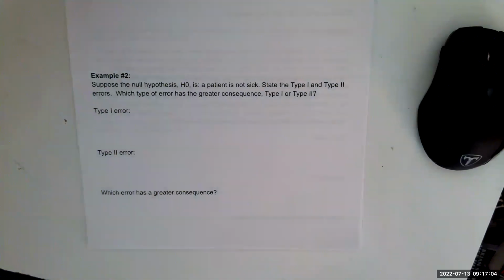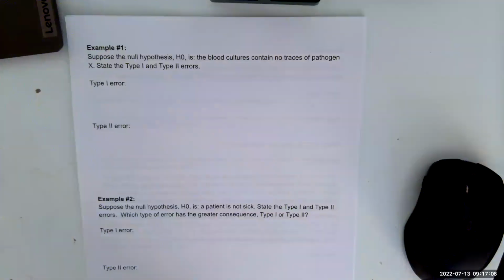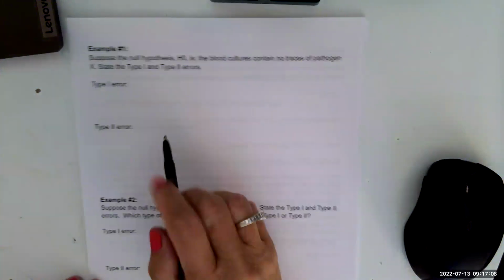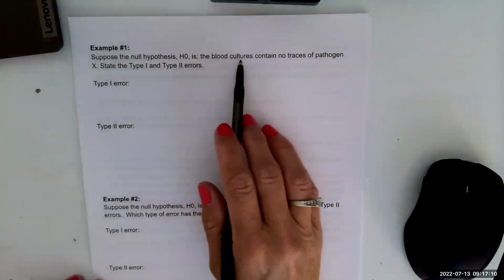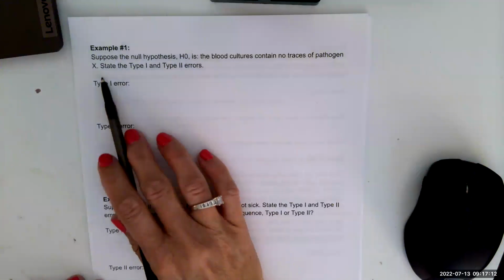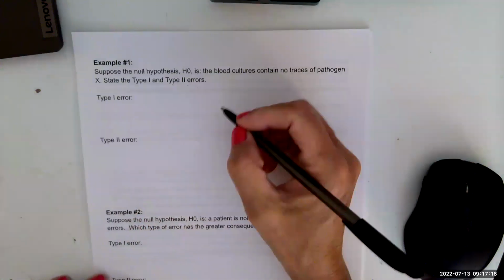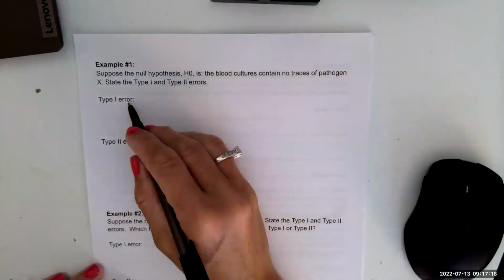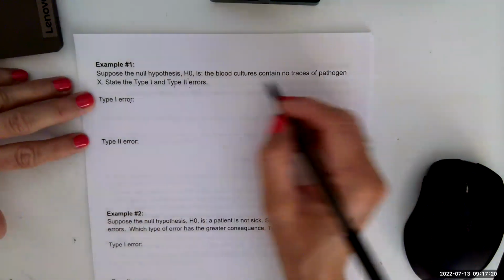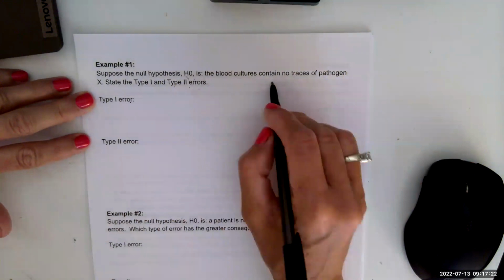Okay. So let's look at a couple of examples. Example 1 says, suppose the null hypothesis H0 is the blood cultures contain no traces of pathogen X. State the type 1 and type 2 errors. Okay. So type 1 is H0 is false.